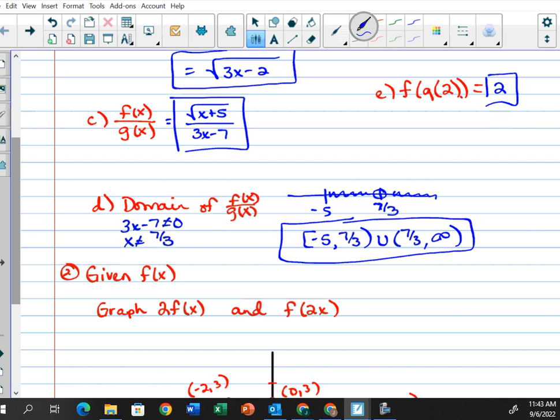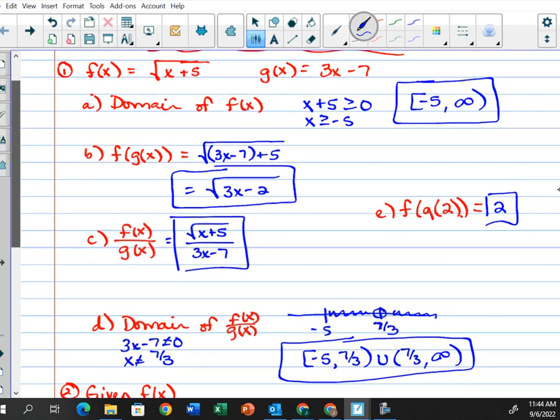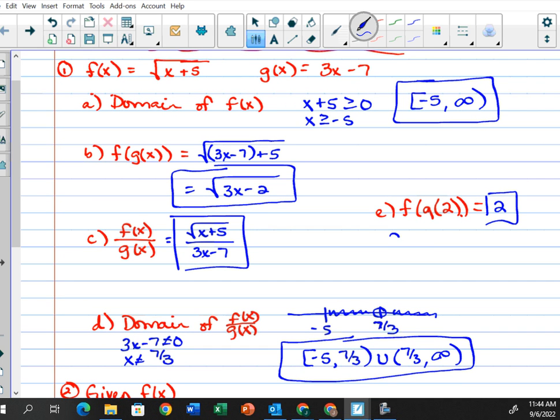All right, are we ready for these lovely graphs? No. Because if I plug in, so if I do g of 2 first, I get -1, right? So then I'm doing f of -1.